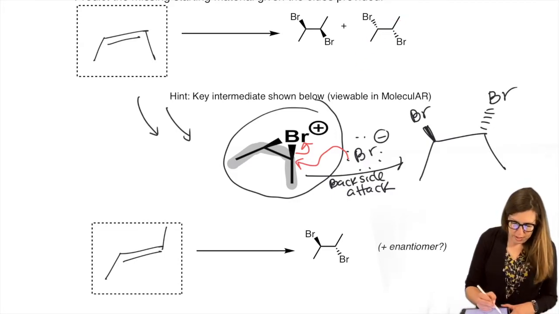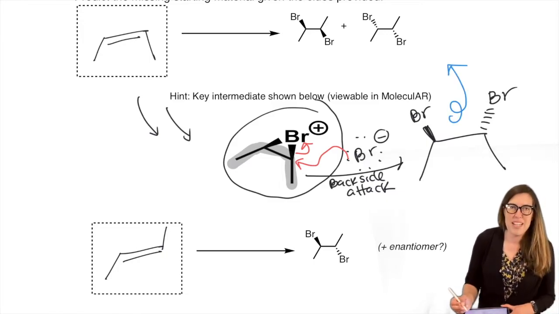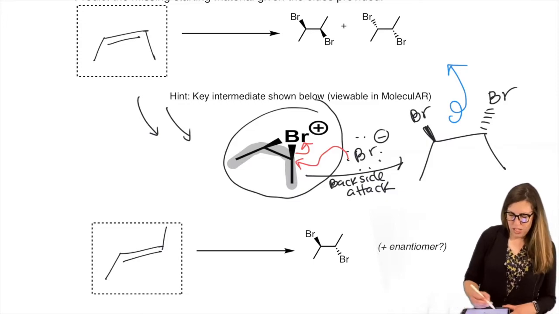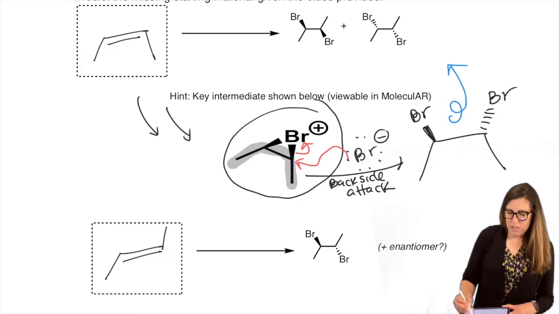So that means we got to rotate. When you rotate something that's in the syn framework to something in the anti framework, it changes all things that are anti to syn and vice versa. So notice that when I rotated, I made the syn groups anti, but I made these anti groups syn, right?